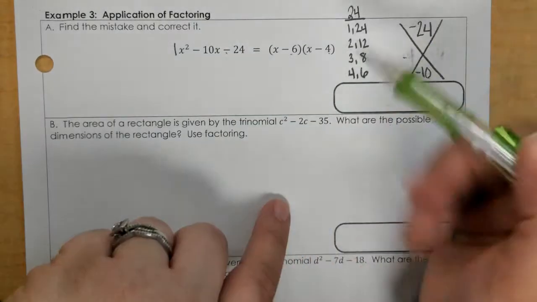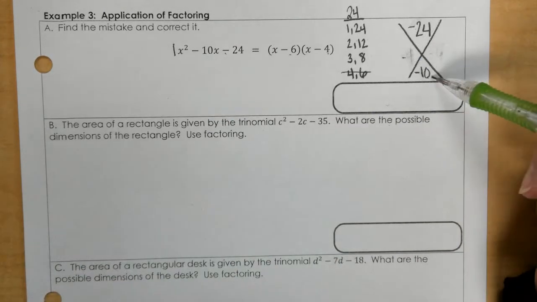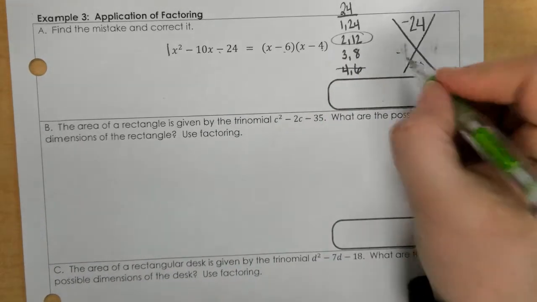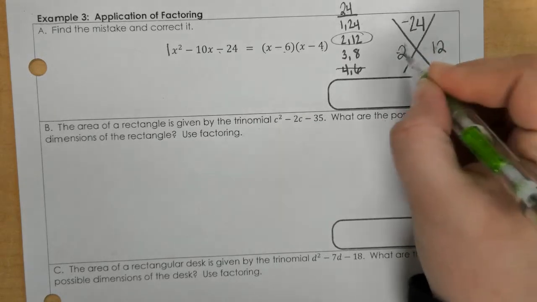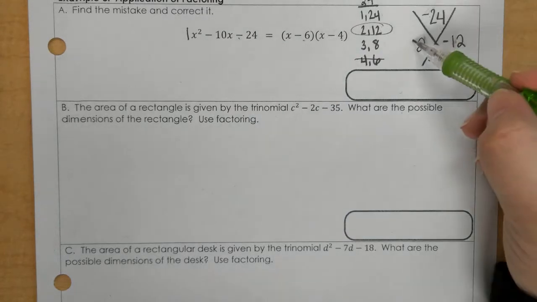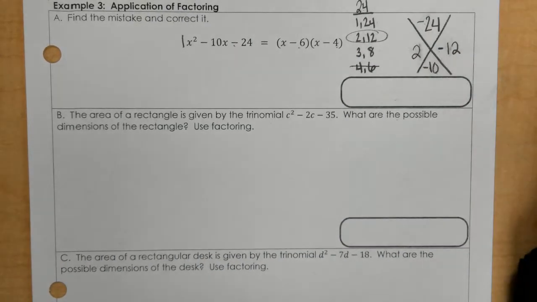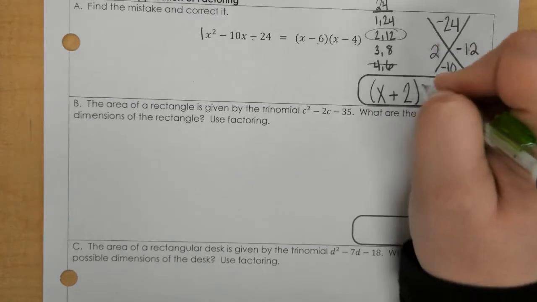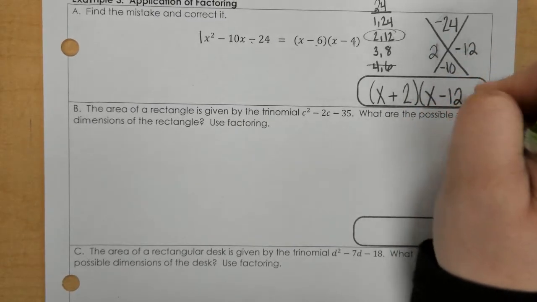Is there anything else on this list that could get to a 10? Yes, 2 and 12. If I said 2 minus 12, I get negative 10, and 2 times negative 12 gets you the negative 24. So your answer should actually be x plus 2 and x minus 12.